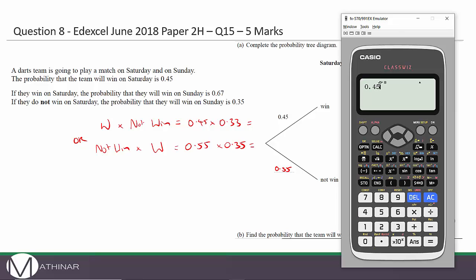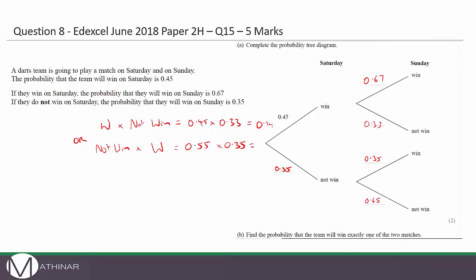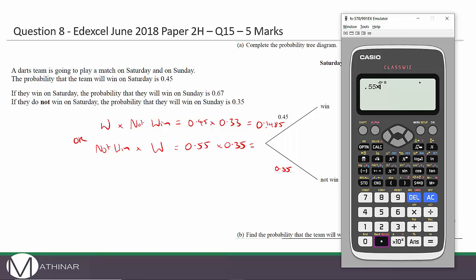So 0.45 times 0.33 is 0.1485, and 0.55 times 0.35 is 0.1925.